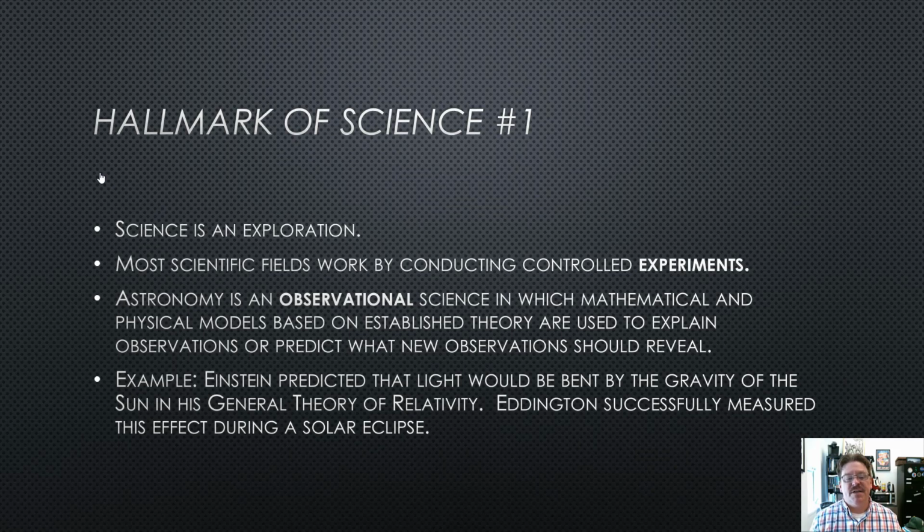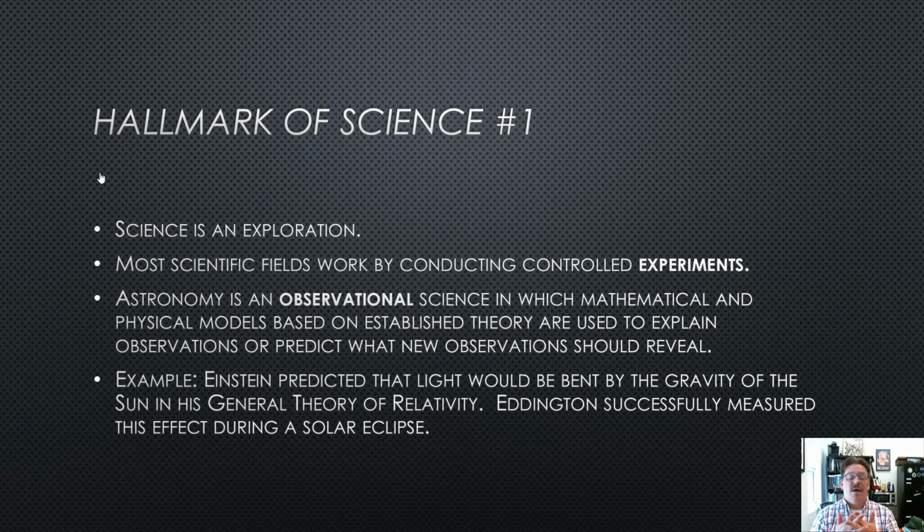Hallmark 1 of science is that it's an exploration. Now, most science, what would be considered hard science or physical sciences, is done through a controlled set of experiments. Astronomy is a bit different in that most of astronomy is done through observational means. We cannot manipulate the subject of our study within a lab.